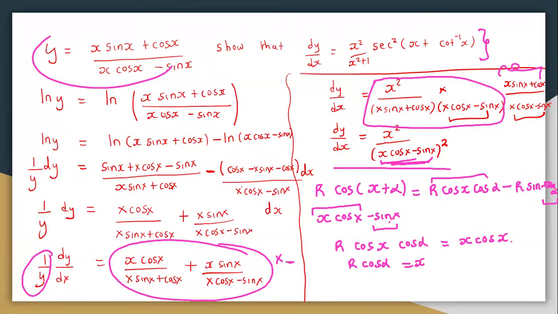Then when I look at negative sine x and the other one, I have negative r sine x sine of alpha equals negative sine x. The negative and the negative cancel, the sine and the sine cancel. So I remain with r sine of alpha equals 1. Can you first tell me whether we are together up to that point? Are we on the same page up to that point?